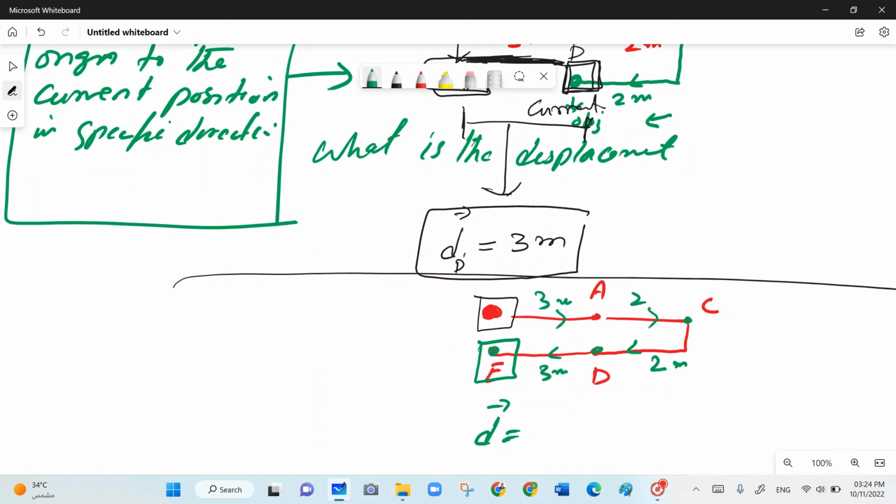So if we apply this to this diagram, what is the displacement between this origin and the current position? It is zero. I'm sure that you know it is zero.